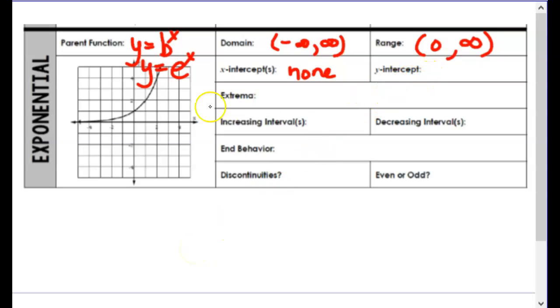I don't know that you're going to know the answer to that, but any number to the 0 power is 1. So when you make x 0, you would always get out a 1. I did not phrase that well. I apologize. It has no extrema.